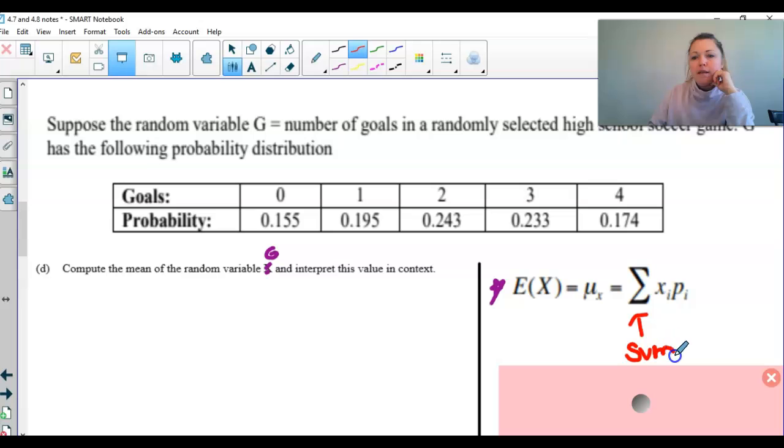This xi represents an observation. What are my observations? My observations are my goals right here. I'm going to take the sum of the observation times the probability of that observation.